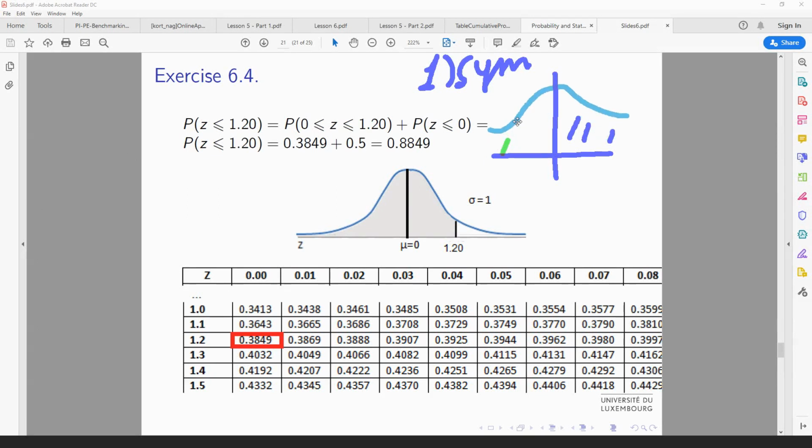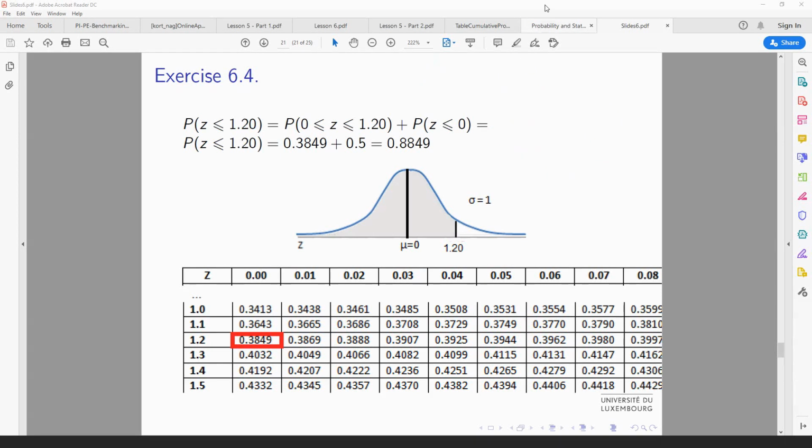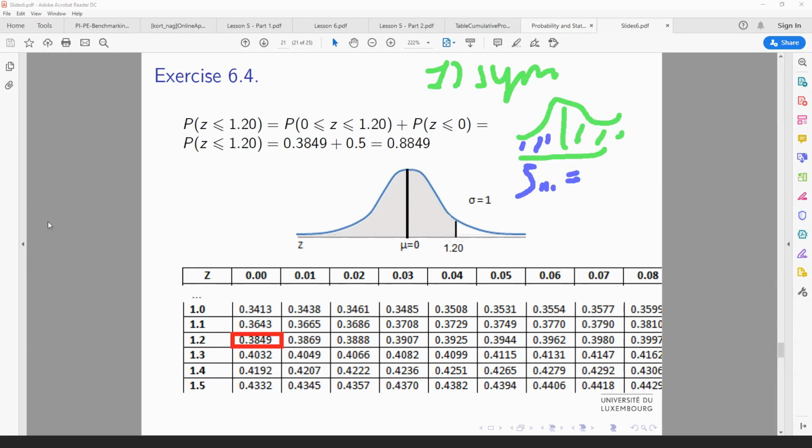So it's just the meaning of symmetricity, so the area on one side is equal to the green area.